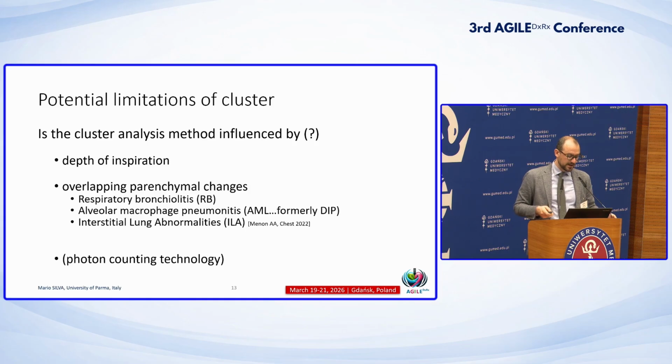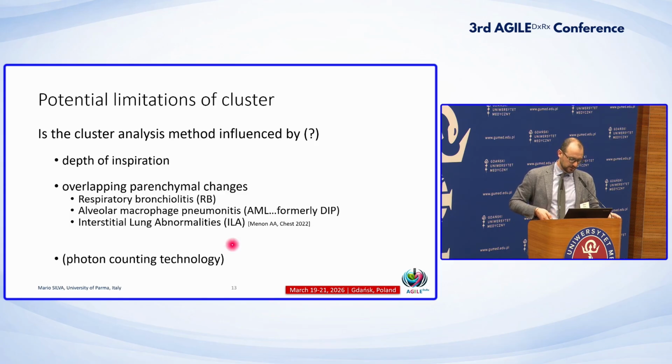But also you can have overlapping diseases, which happen to be quite frequent in smokers, like those that increase the density of the lung, which can be respiratory bronchiolitis, DIP, now better known as alveolar macrophage pneumonitis, or other kinds of interstitial abnormalities. Also fibrotic changes make it very difficult to interpret spirometry without carbon monoxide diffusion.